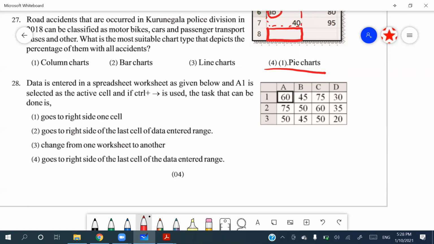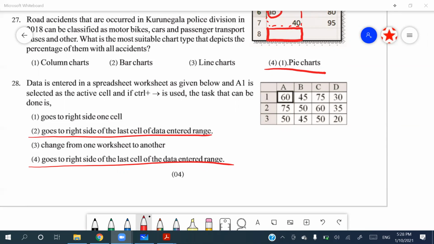Yeah, the second and fourth both are same. So yeah, it is either the second or the fourth. Why the second one goes to right of the last cell of data entered range.